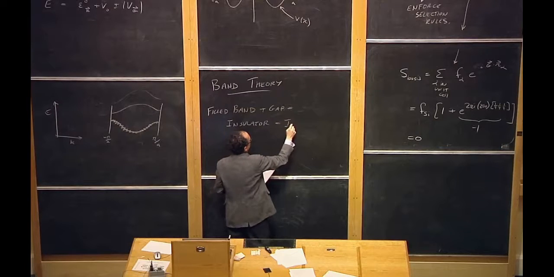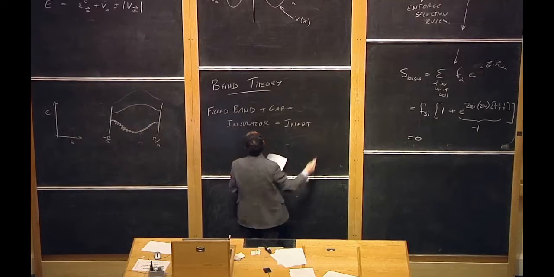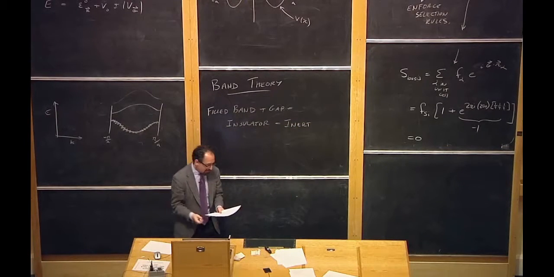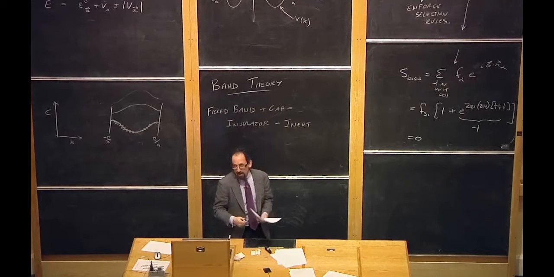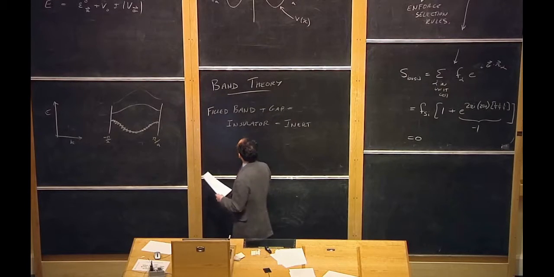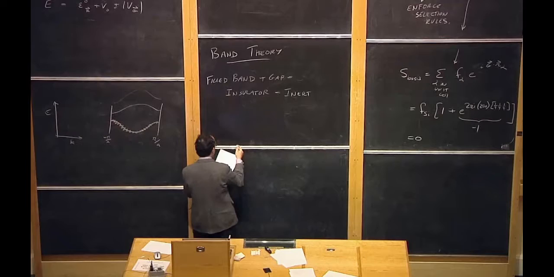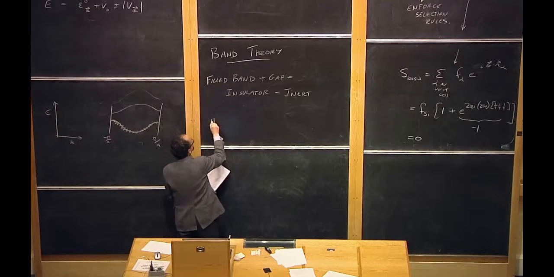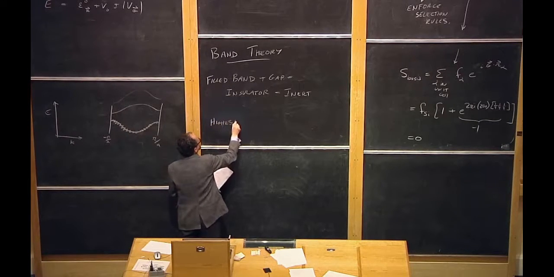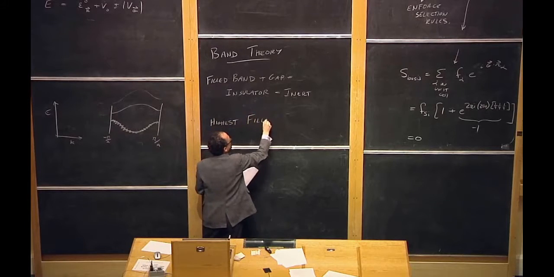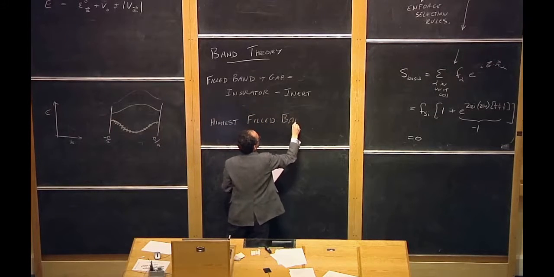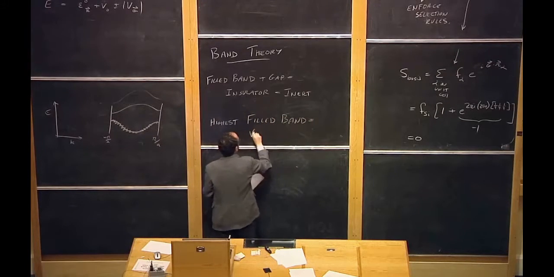So I'll write that down. It's inert. And if you have 2 bands that are completely filled, again, and a gap to the next band, it will also be an insulator. A little bit of nomenclature which is useful: the highest filled band is usually called the valence band.